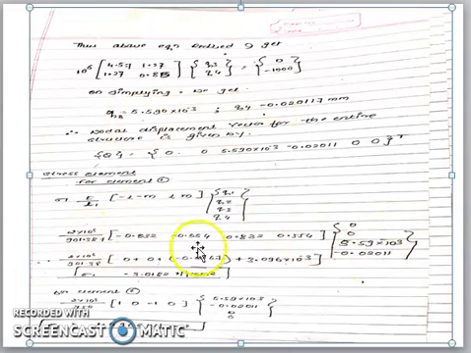Just put them in and do a simple multiplication: L into Q, M into Q, L into Q, M into Q. Whatever answer you get, multiply with E and divide by Le. That gives sigma 1 equal to 3.02 newton per mm square. For element 2 it is 1.49 kilonewton.